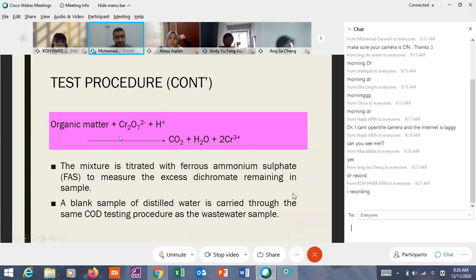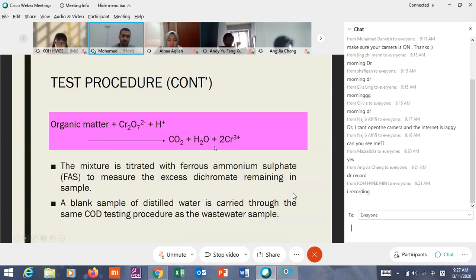There are no bacteria, no microorganisms, of course. So organic matter plus a chemical oxidant, here the dichromate, will all be converted to CO2 plus H2O.